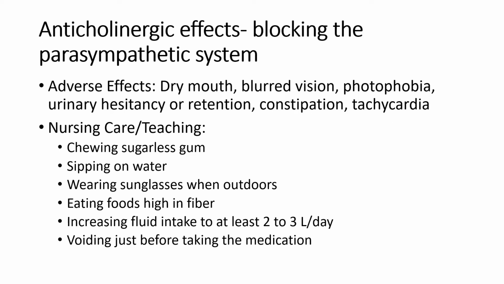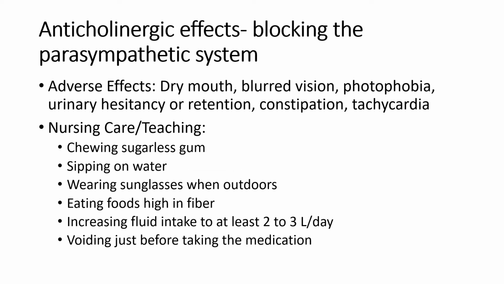Okay, so anticholinergic effects. If it says anticholinergic, well, acetylcholine is the main neurotransmitter of the parasympathetic system. So anticholinergic means that the particular drug being used has anticholinergic side effects, and it's going to block the parasympathetic system to a certain degree.